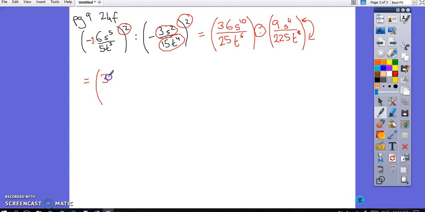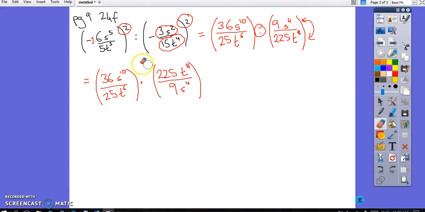So that gives me 36 s to the power of 10 over 25 t to the power of 6 multiplied by 225 t to the power of 8 over 9 s to the power of 4. And now, because it's just multiplication, actually I can leave these brackets out.